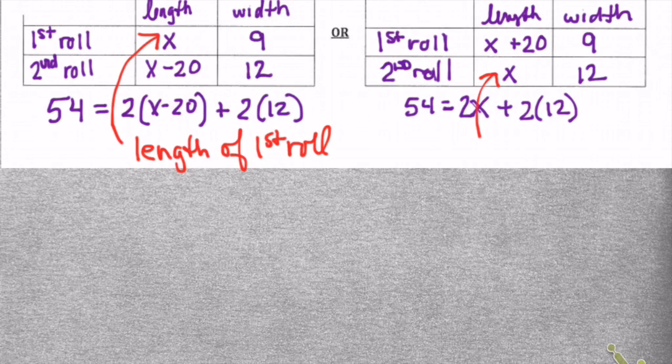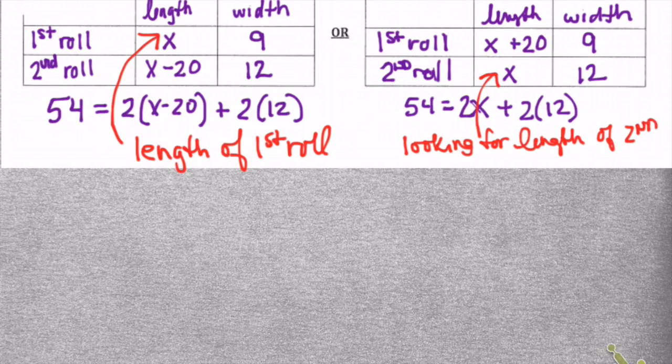This time we're looking for the length of the second roll. And so if we solve this, we would get the second roll. We'd have to plug in and get the first roll. So 2 different possibilities of setups there. Either one works as long as you keep track of what you're looking for.